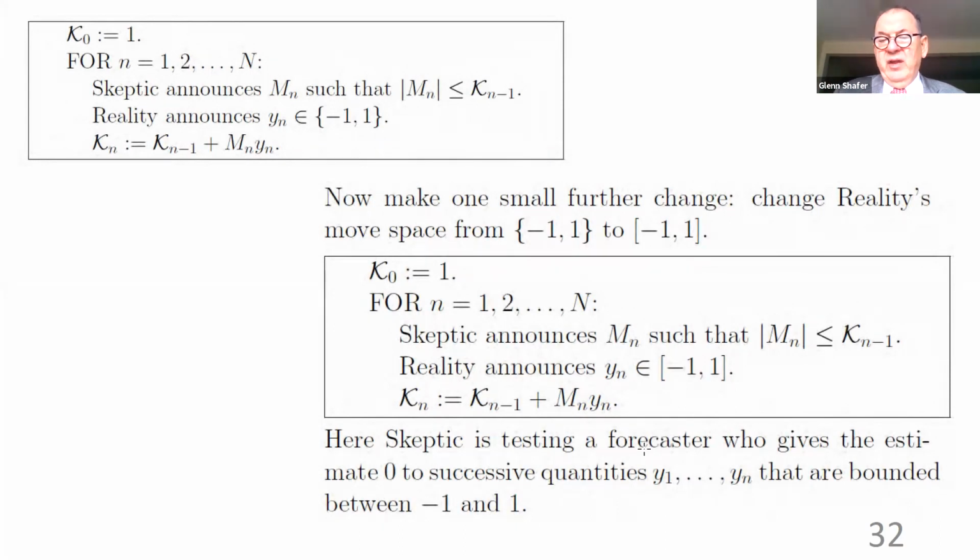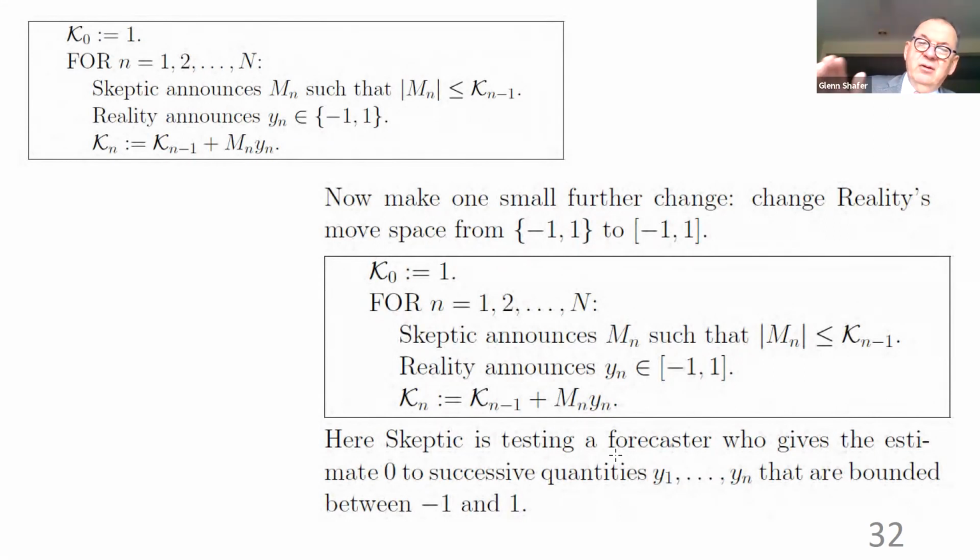Then we're going to generalize it to the case where his estimate is not 0 each time. We'll bring the forecaster explicitly into the picture. But this is a special case, where we have a forecaster who sees these numbers coming and says, I think the best estimate for all of them is 0.